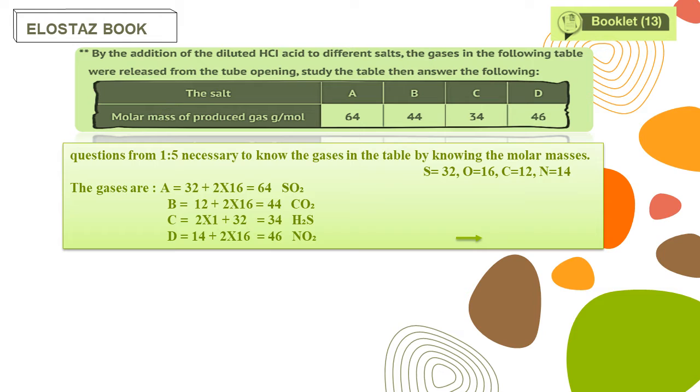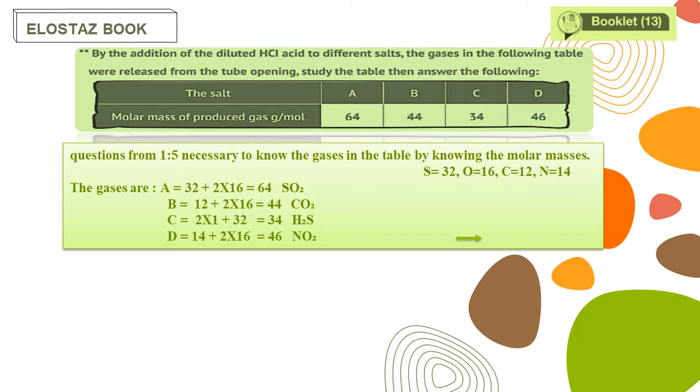Calculating the molar mass of each gas: gas A is 32 plus 2 times 16, giving 64. Which gas is it? Sulfur dioxide. Gas B, 44, is 12 plus 2 times 16, carbon dioxide gas.